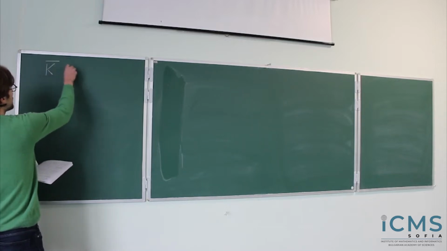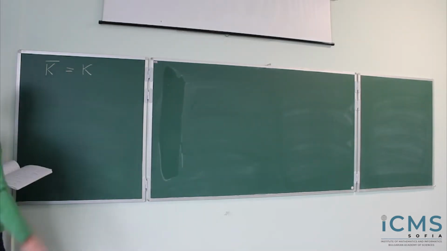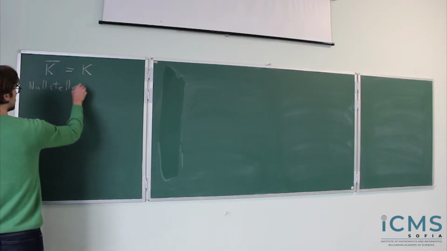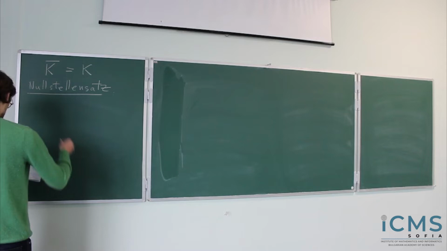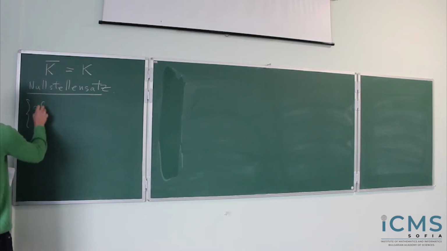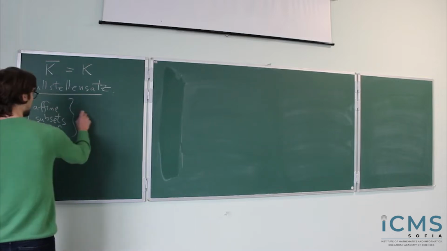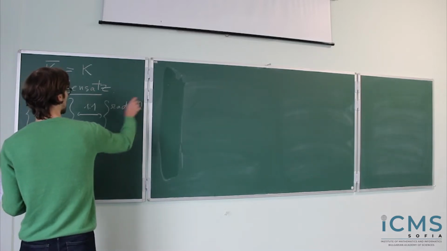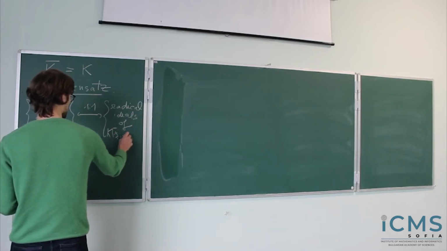Recall that we always have an algebraically closed field K. This is where we left off, and we amounted to saying that this was a correspondence between affine subsets of K^n and ideals of K[x1, ..., xn].